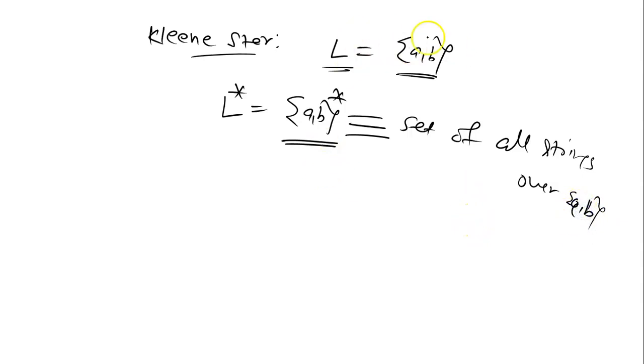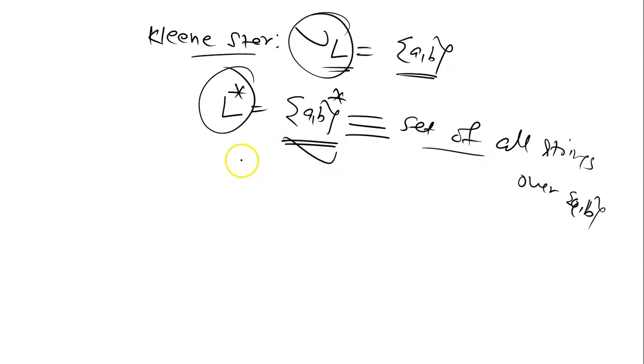So you can see that this language L is finite, but when we apply the Kleene star operation, the result is not finite, the result is infinite. This L star is infinite. So I can say that the set of finite languages is not closed under the Kleene star operation.